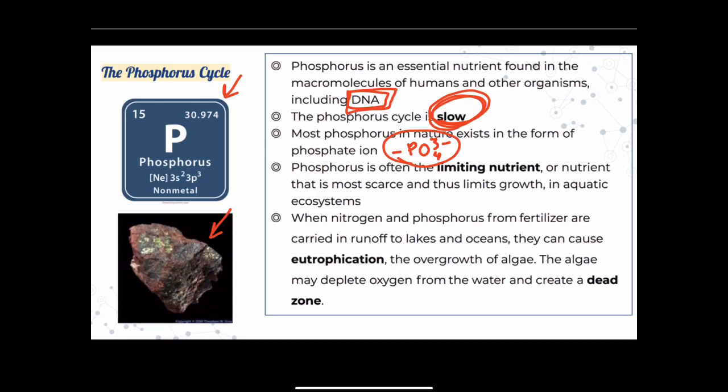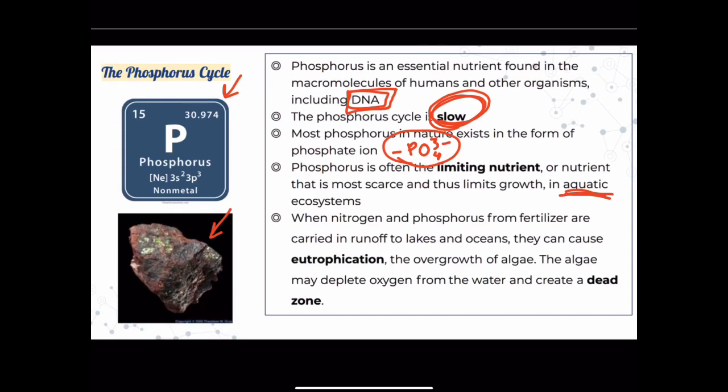So it's often what we call a limiting nutrient, a nutrient that is so scarce that it limits growth, and often it limits growth of ecosystems in water, so aquatic ecosystems. Phosphorus can be found in sedimentary rocks, and as the rocks weather and wear down over long time periods, the phosphorus they contain slowly leaches and is absorbed into surface water and soils.